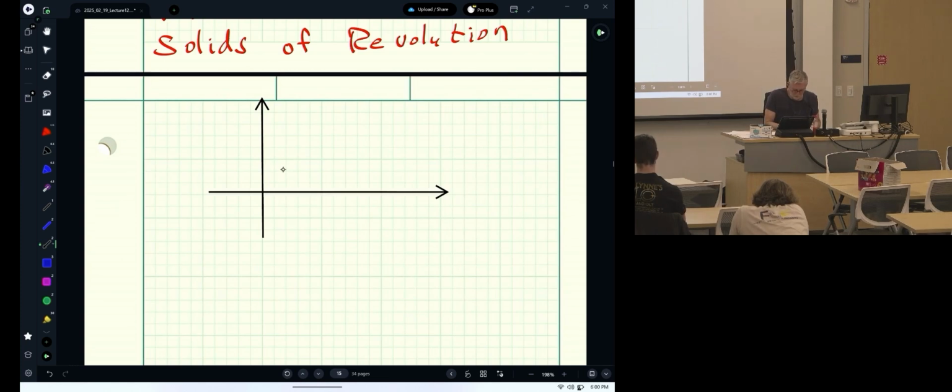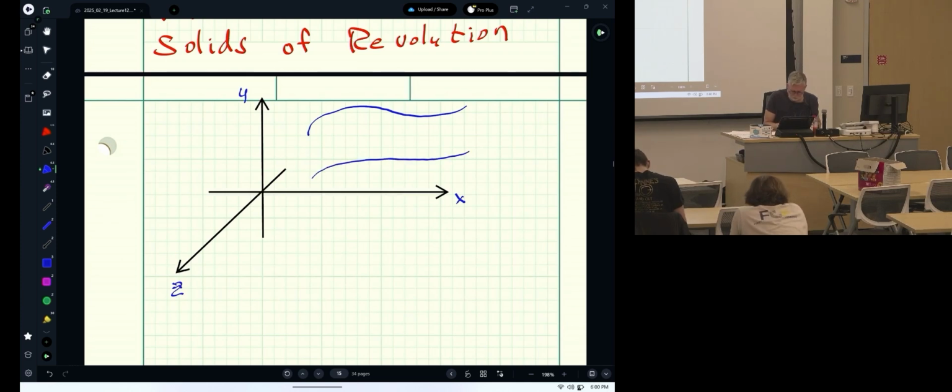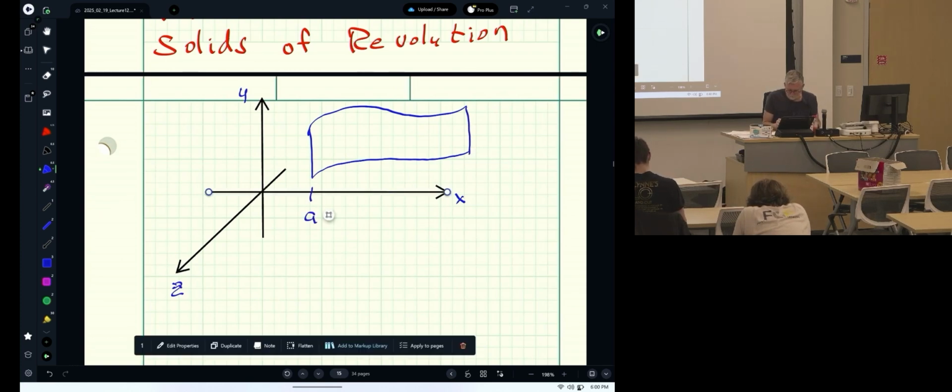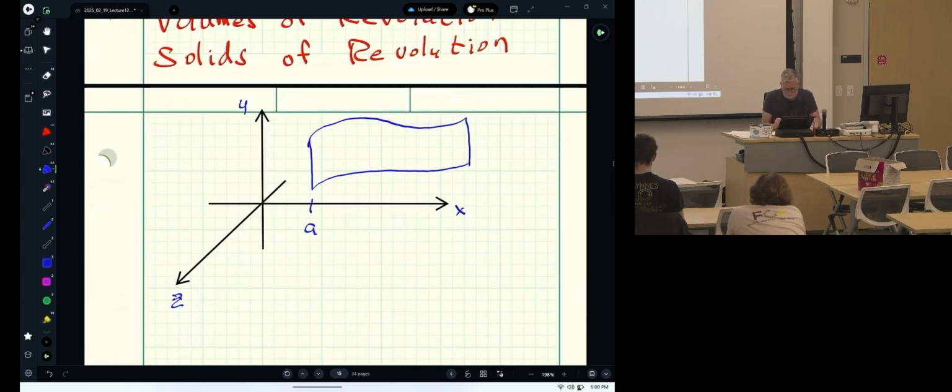So this is dealing with 3D space, so it's harder, at least for me. But this will give us a little bit of a break from what we were doing. X, Y, Z. In the XY plane, suppose we have two functions, very similar to when we were doing moments of inertia, and it's bounded between a and b.